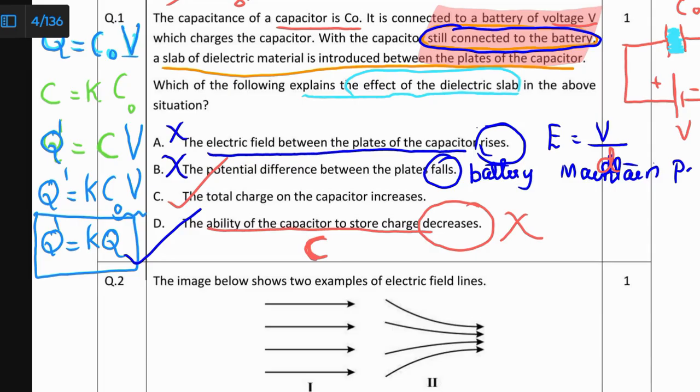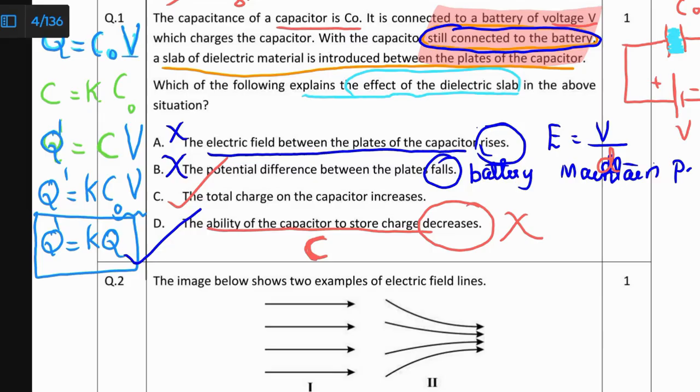The last one: ability of the capacitor to store charge decreases. The ability to store charge is called capacitance, and here the capacitance is increasing by introducing the dielectric.